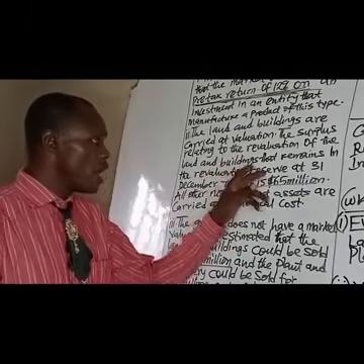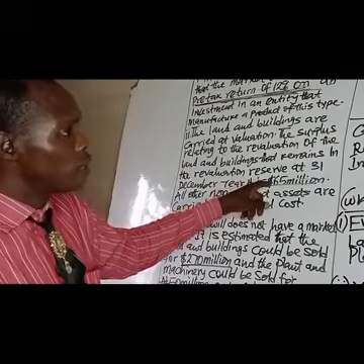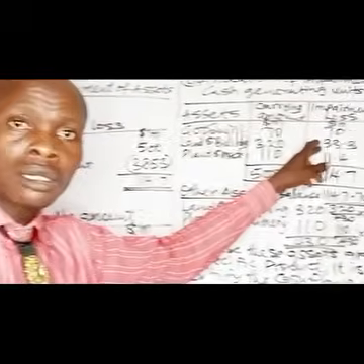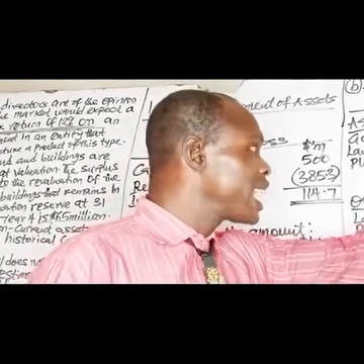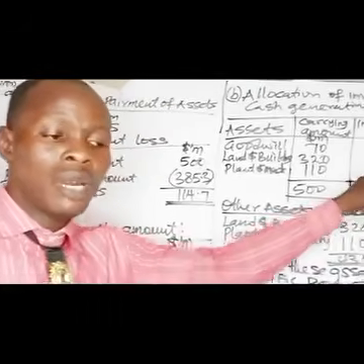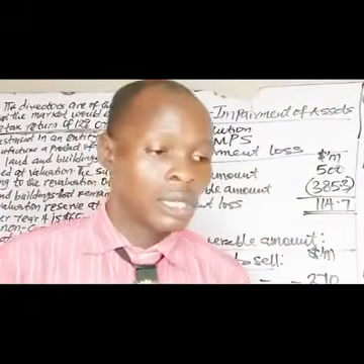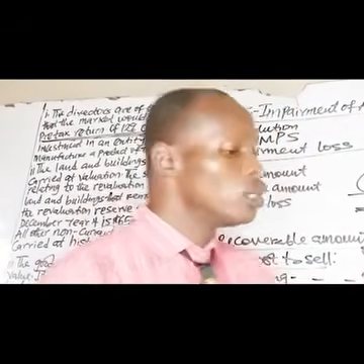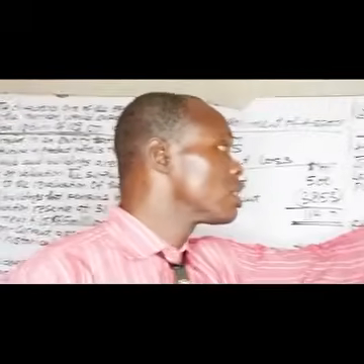Since the land and building were revalued, the impairment loss of 33.3 million relating to them should be treated as a revaluation decrease until the carrying amount of the asset reaches its depreciated historical cost. So that is how this impairment loss should be treated.